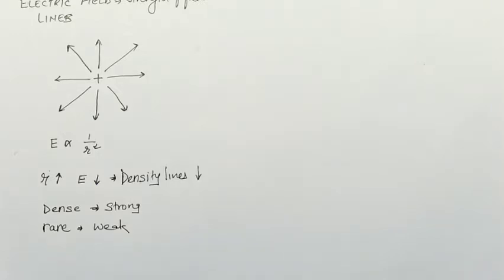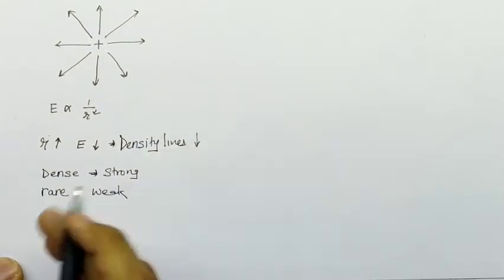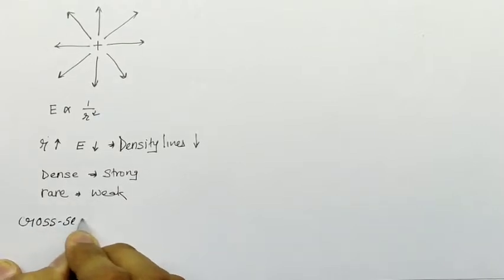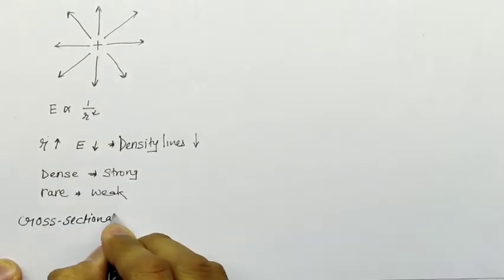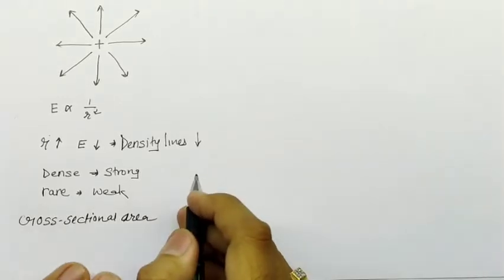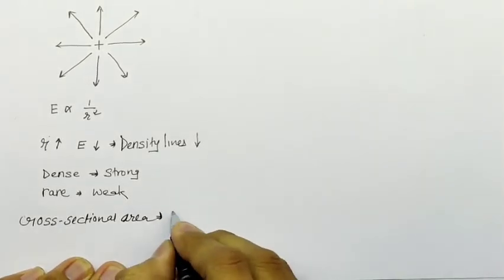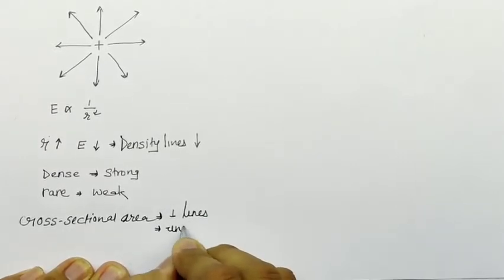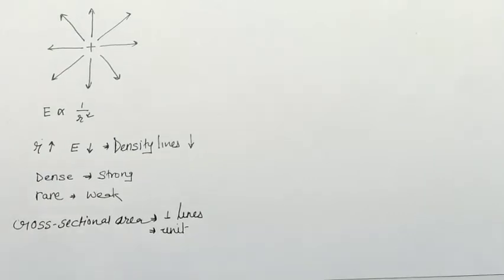Let's estimate the density of electric field lines. To estimate it, we have to take a cross-sectional area. This area is perpendicular to the lines and also unit in value, meaning the area should be 1 meter square or 1 centimeter square, whatever, but 1.